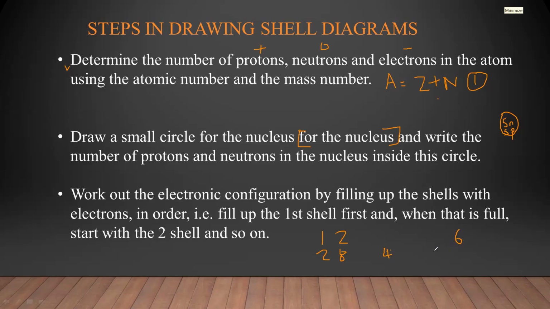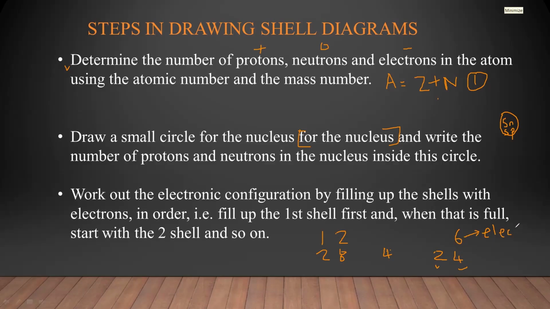The first shell is filled, which would be 2, and then the second shell would be 4, because you can't do anything else; this is the amount of electrons present in the structure. So it's not a case where you say 2, 8 and just randomly add numbers.